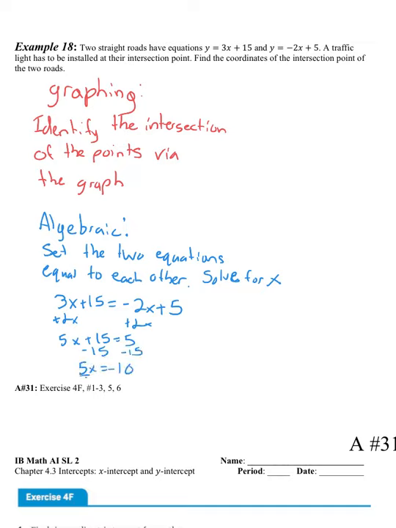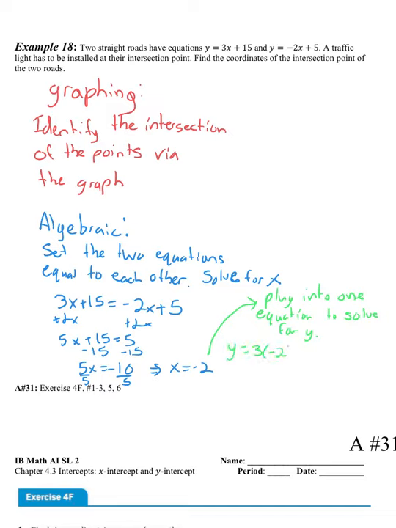5x equals negative 10. X equals negative 2. Once I have that, plug into one of the equations to solve for y. Technically, I can plug into both equations and prove that I did it right.